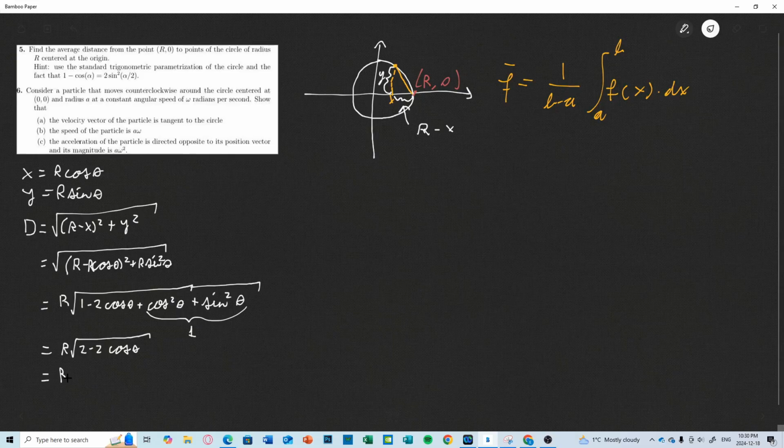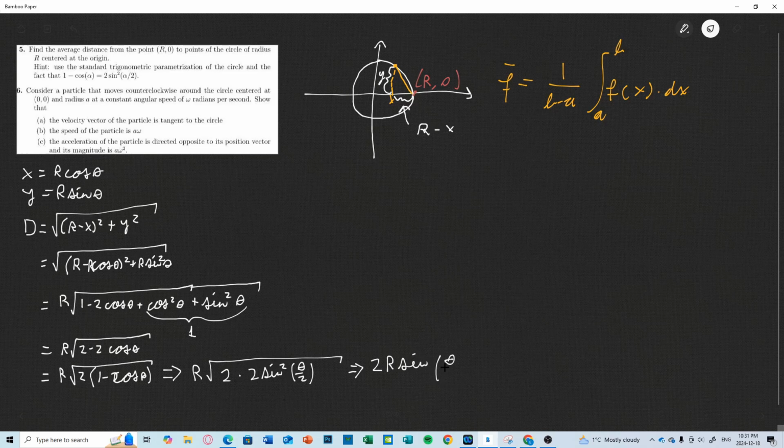So if we take our r and we change this to 2 times 1 minus cos theta, we can change this to being equal to r times the square root of 2 multiplied by 2 sine squared theta divided by 2, which then becomes 2r sine of theta divided by 2. So that's what our function of d is going to be.